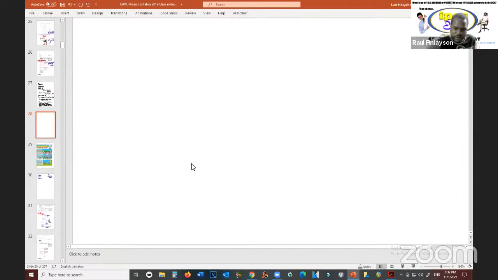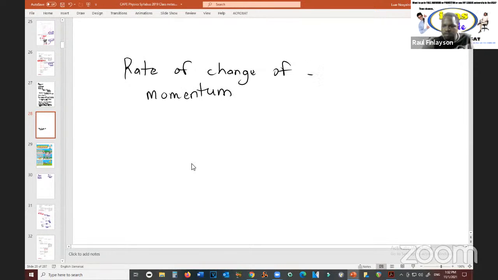So we're going to basically say that the rate of change of momentum is equal to force. Now you're going to end up with something like this. In terms of a formula, rate of change of momentum is the same thing as change in momentum over time.